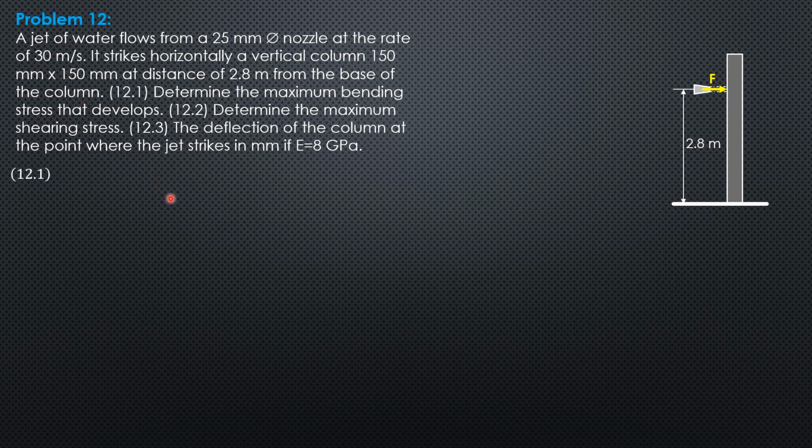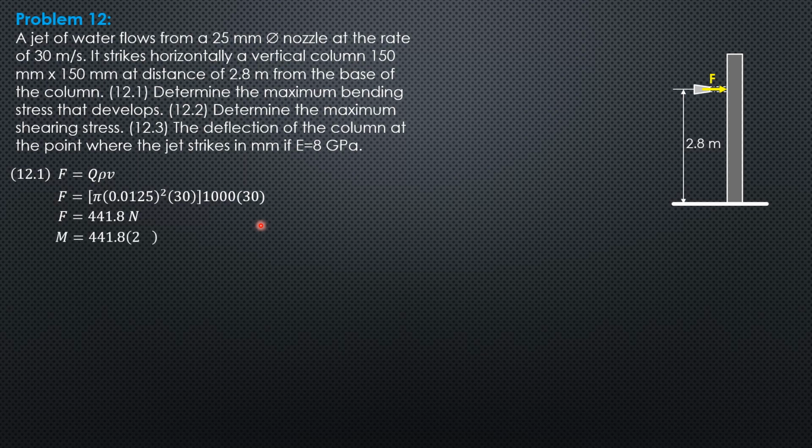So F equals Q rho times velocity, because the body where the jet strikes is at rest, considered as a flat plate. So Q is area, pi times 0.0125 squared, times velocity 30, density 1000, velocity 30 again. In newtons, F is 441.8 newtons.